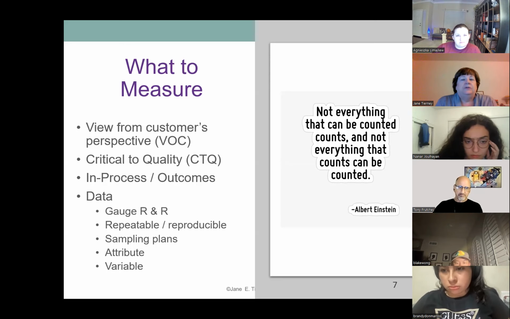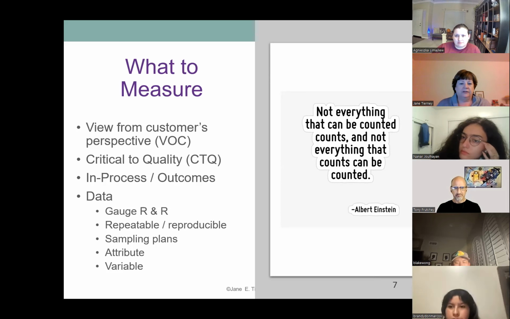What's my sampling plan? Again, think back to your statistics class and you set those up. What are my attributes? What things are attributes, like looking for little bubbles in the bottle or flaws in the label or the label not put on smoothly. Those are attribute things. And then what's variable that I'm going to have to measure something on. So we're looking at all those kinds of things.